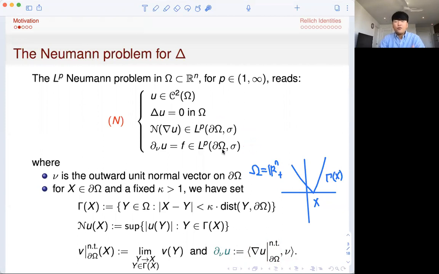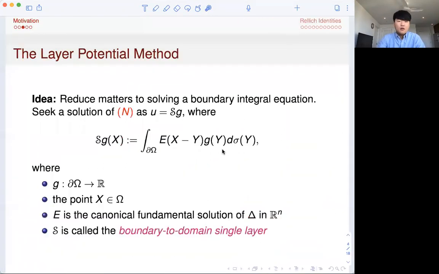And the idea is that we reduce matters to solving a boundary integral equation. So we seek a solution of the Neumann problem as u equal to the operator S of g, where S of g at X is defined by the integral over the boundary of the function capital E of X minus Y times g of Y d sigma of Y, where the function g is defined on the boundary into R, the point capital X is in the domain, and capital E is the canonical fundamental solution of the Laplacian in R^n, which means the Laplacian of E is equal to the delta distribution.